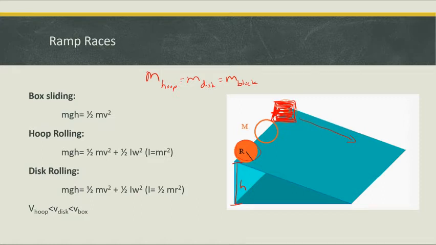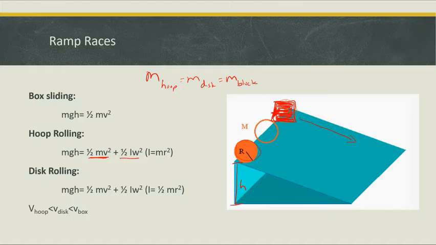Our hoop that's rolling, some of that potential energy is translating into energy that is causing it to rotate. And so we have to use our linear kinetic energy, or translational kinetic energy, plus 1/2 I omega squared.